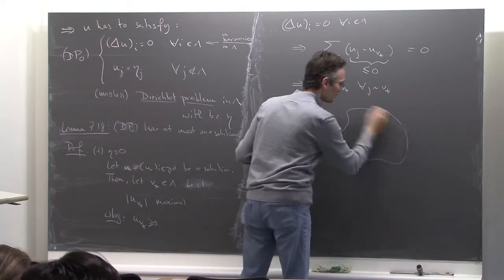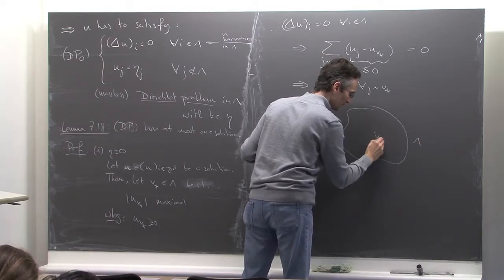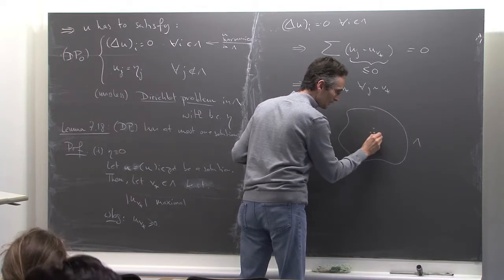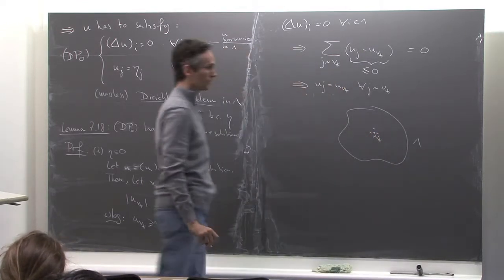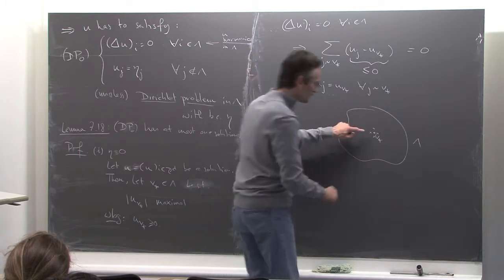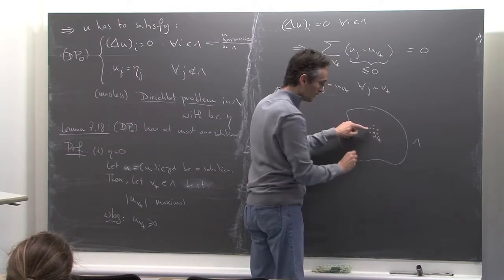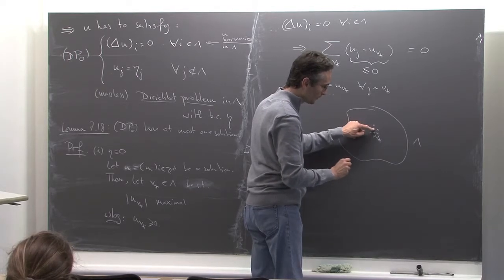So if I have lambda somewhere, and I have v star somewhere, then here I have the maximal value that u takes, but I have the same value also taken on the neighbors of v star. But then I can repeat: I take, say, this one, and I look at its neighbors, and by exactly the same argument, all the neighbors also take the same value as here.